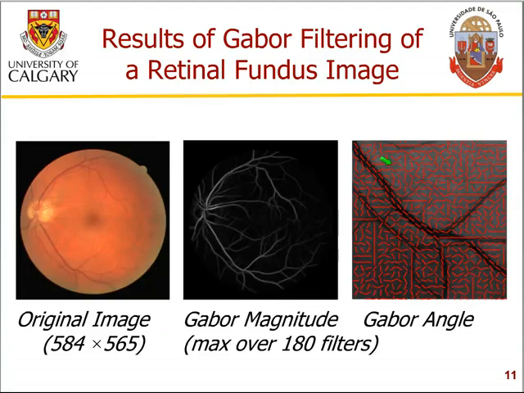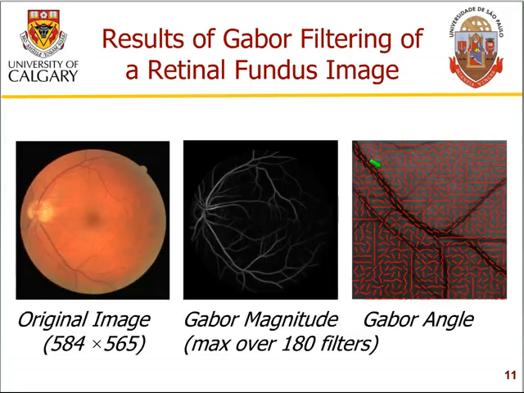So you can use Gabor filters not only to detect oriented structures in magnitude like in the central image, but you can also determine the angle of each oriented structure as you see in the third image. And this information can be used to derive multiple parameters.